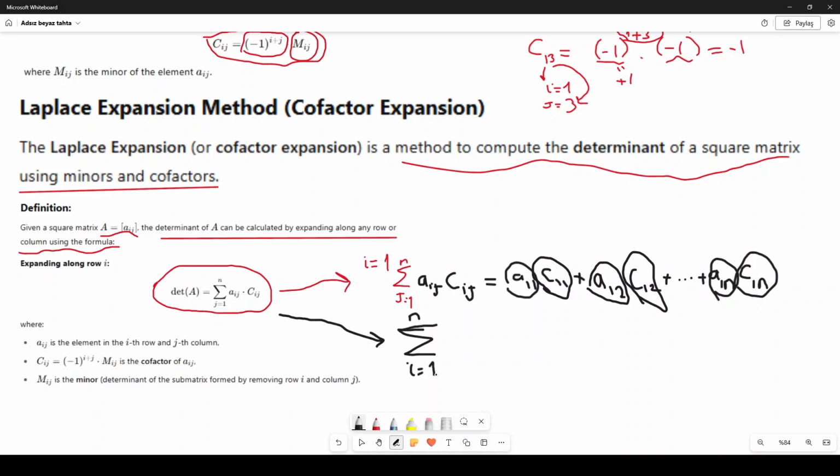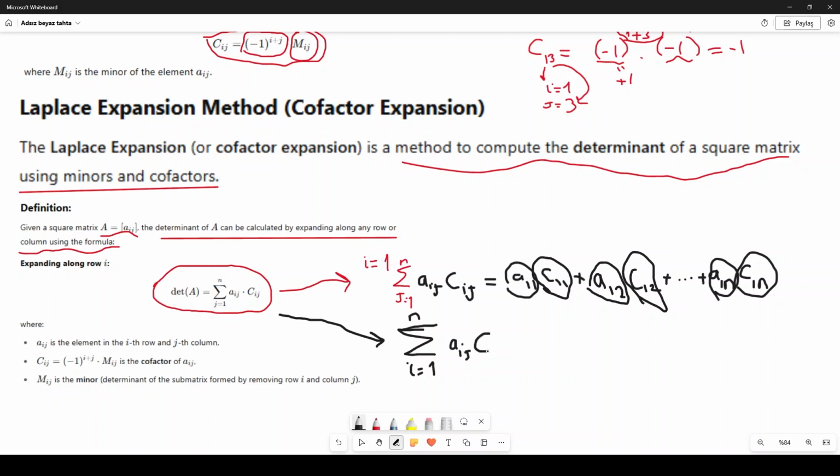So the index in the summation formula would be from i equal to 1 to n, where n is the number of rows. And so I just pick a column to expand.